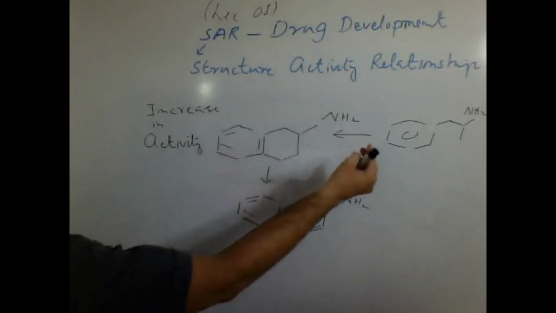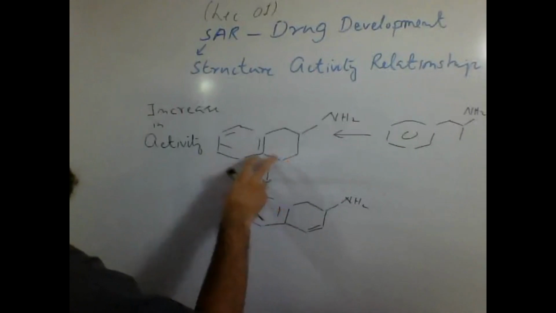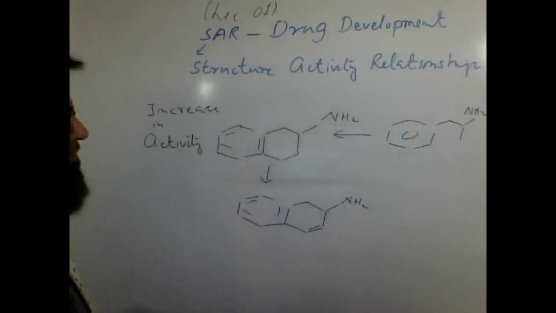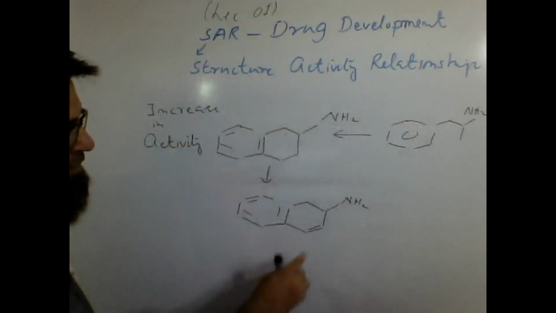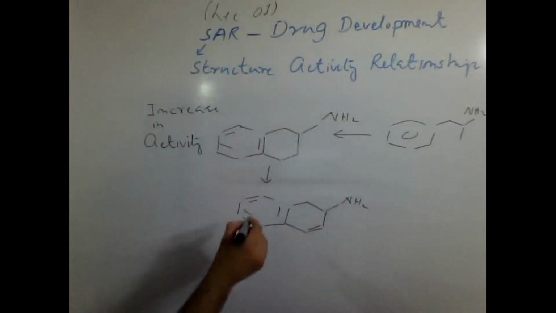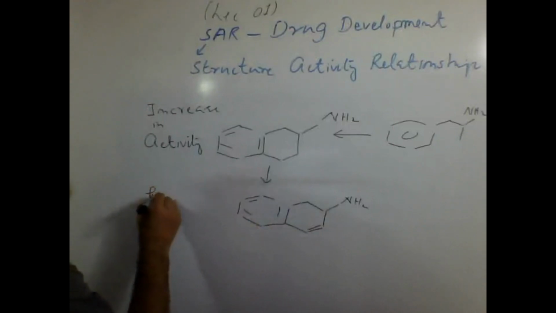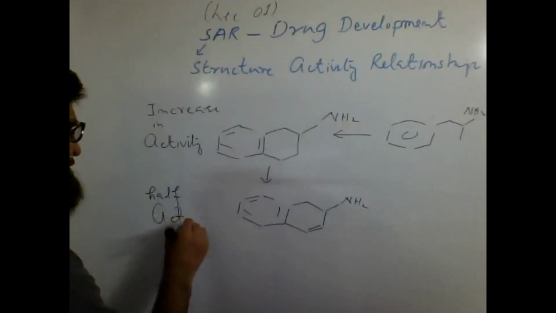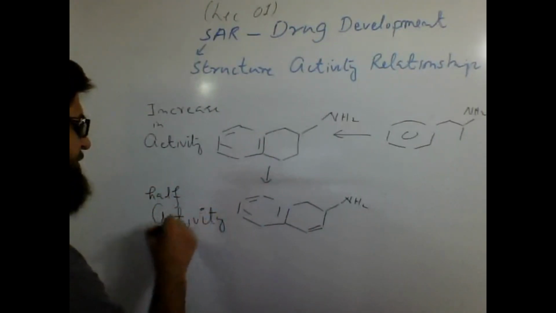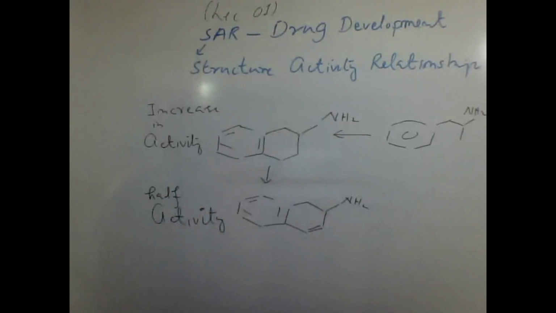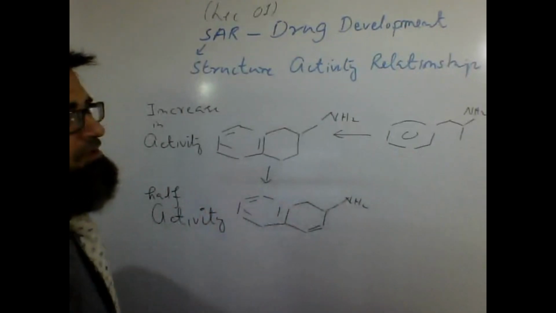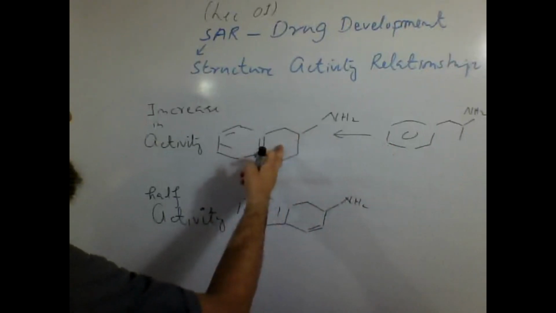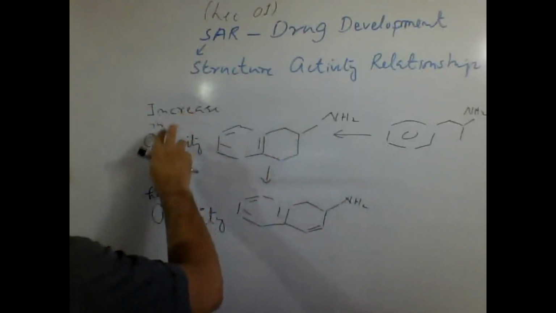Over here, when from amphetamine a ring was introduced, its activity increased compared to the original one. However, once somebody moved one step ahead and introduced one unsaturation, this compound, interestingly, lost or reduced its activity and showed almost half of the activity compared to the original one. Could you see? When this ring was introduced, the activity increased.